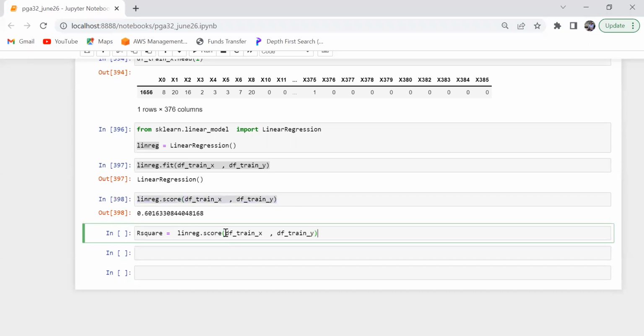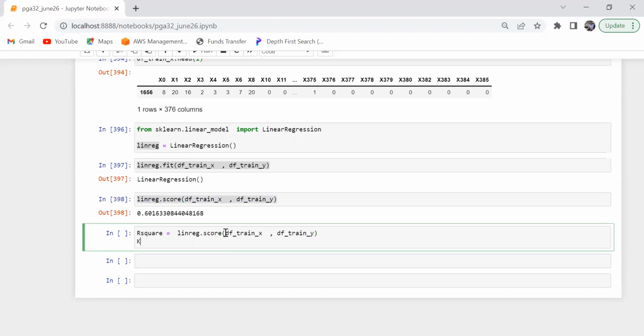R square is this much. And what is value of k? K is equal to df in x dot shape. And I'll say 0, no, not 0, but 1, right? 1.